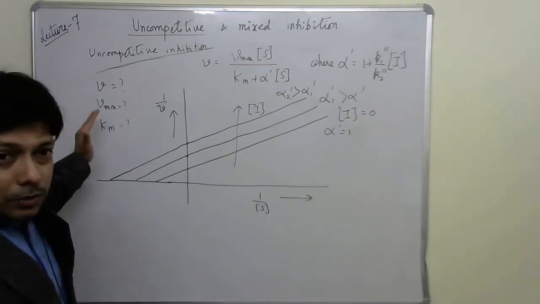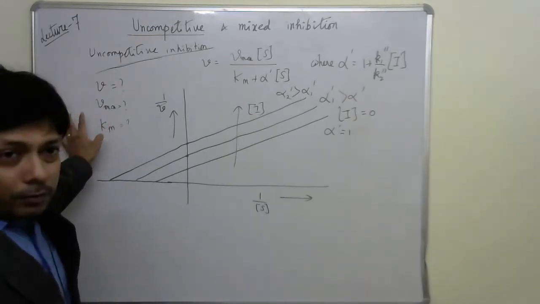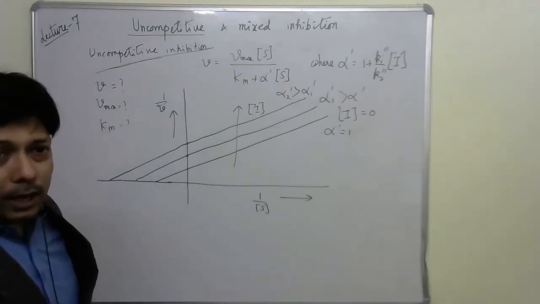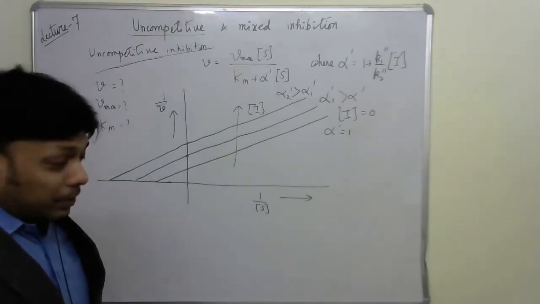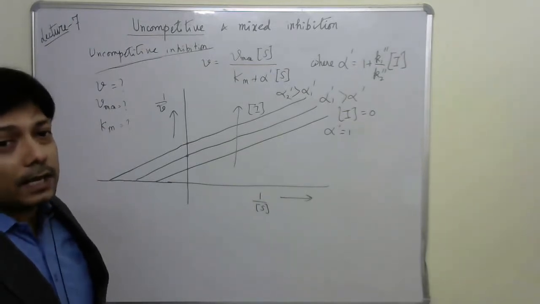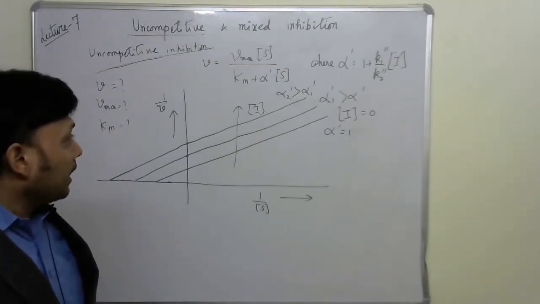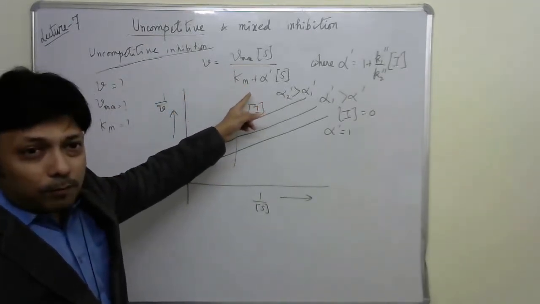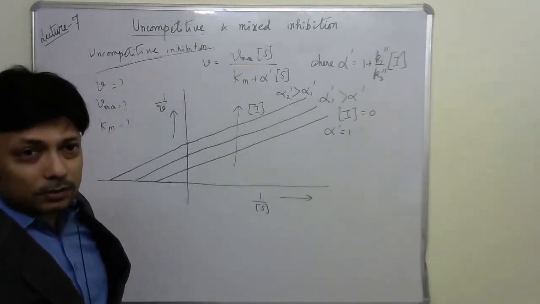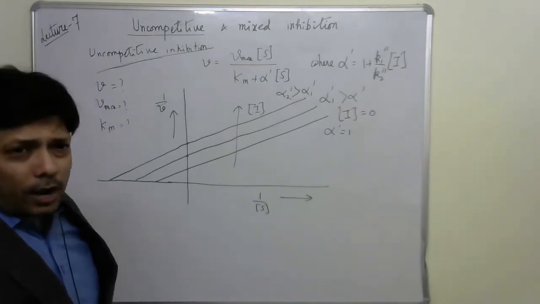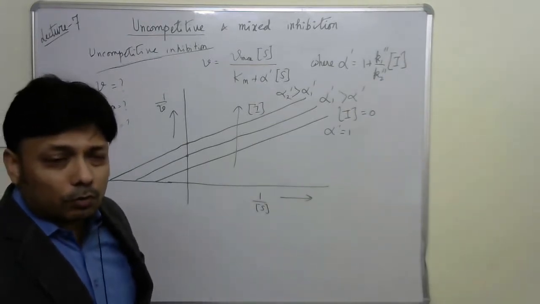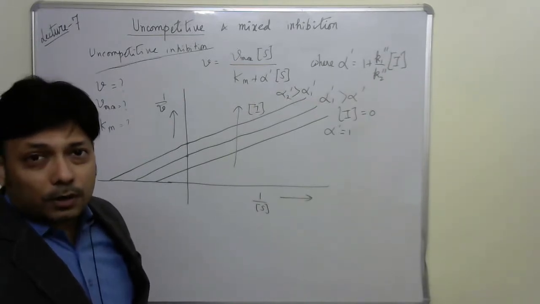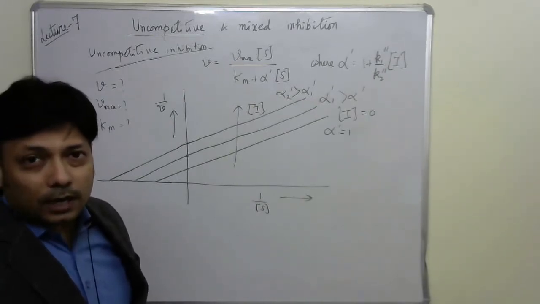What happens to the velocity, does it increase or decrease? What happens to the apparent maximum velocity? And what happens to the apparent Km, whether it increases, decreases, or stays the same? Likewise, can you draw the Michaelis-Menten graph plot, that is the V versus S plot? We will revisit those problems in the form of some tutorial assignments.